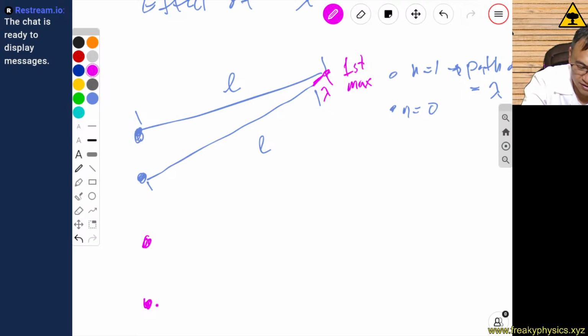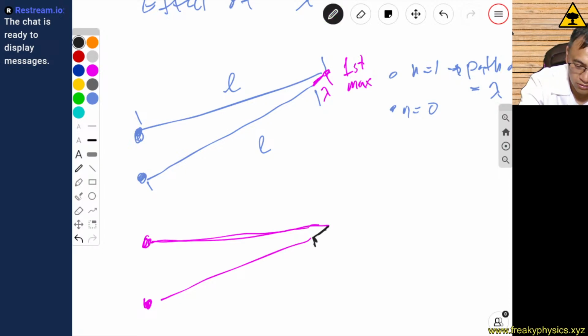So if this is the first one here, and then this is the second one here, it's going to be a bit longer to get there. And then let's say that this is your wavelength again. Now you can see here, it's kind of bad if I try to do it here. I'm going to try to do this with a straight line now, see if that works. So hopefully this works as a better example.